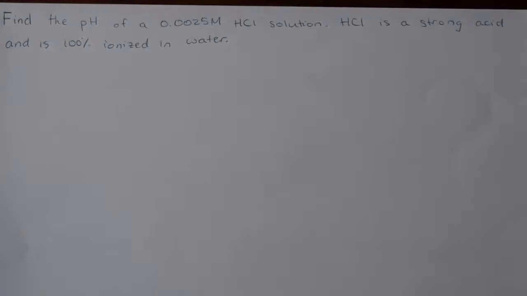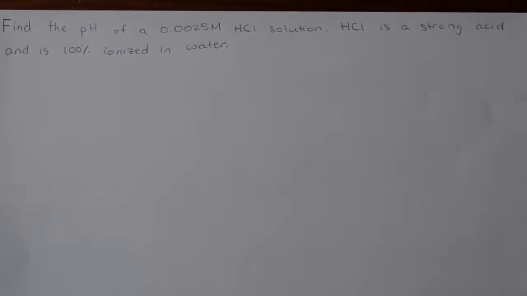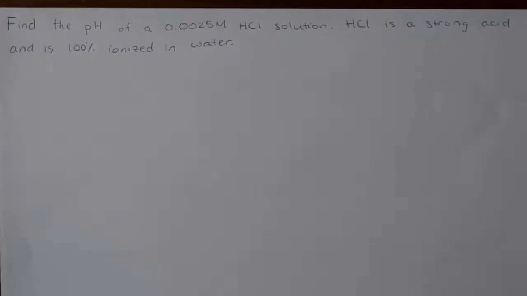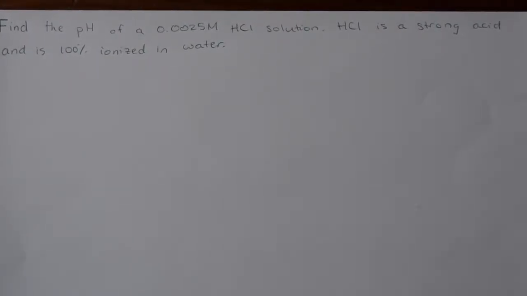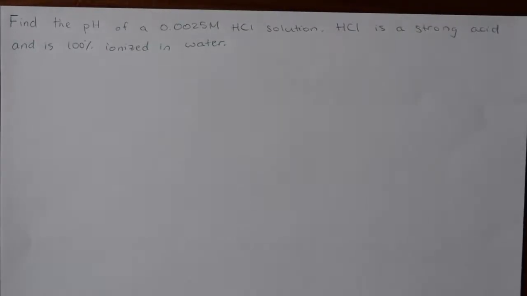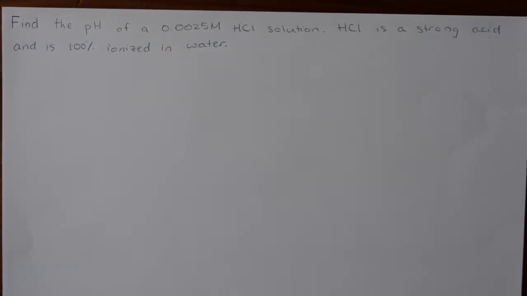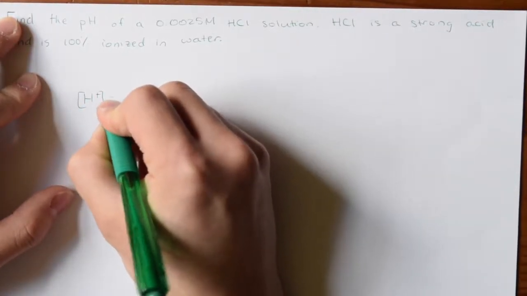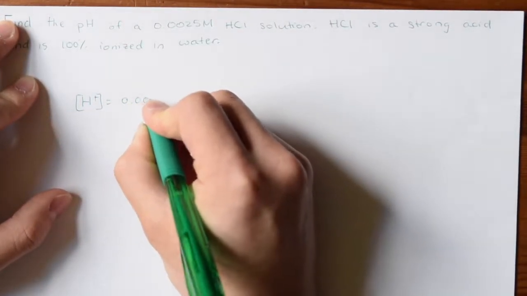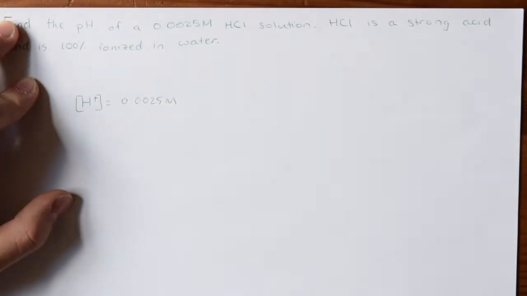The first question we will look at is: find the pH of a 0.0025 molar HCl solution. HCl is a strong acid and is 100% ionized in water. The hydrogen concentration of this solution would be 0.0025 molar.